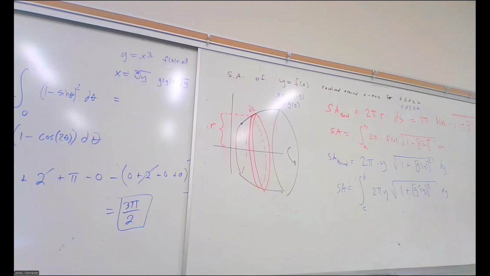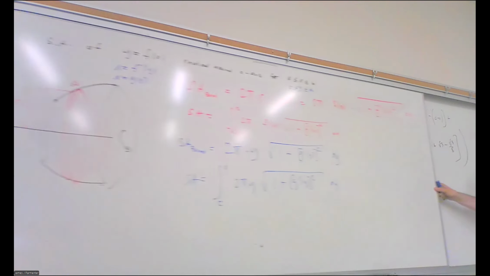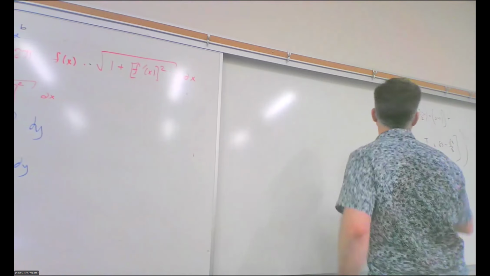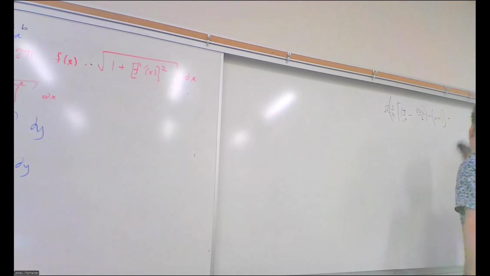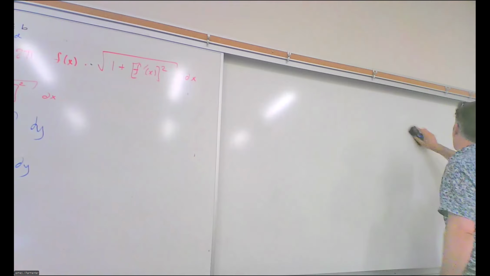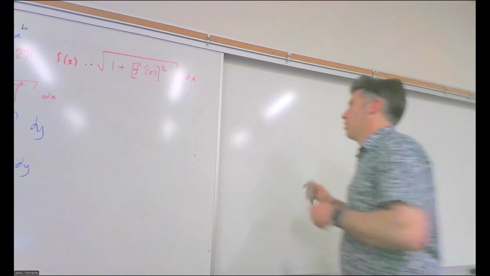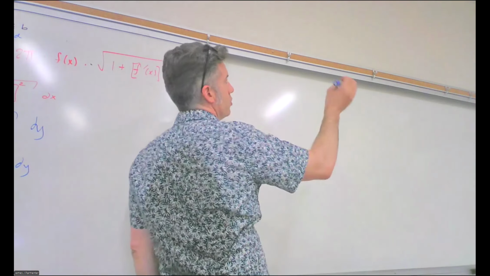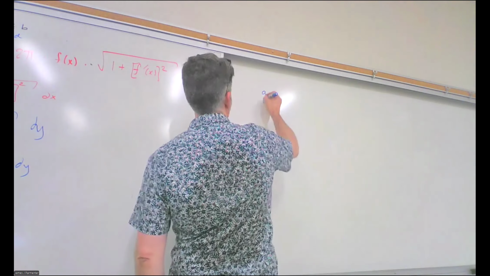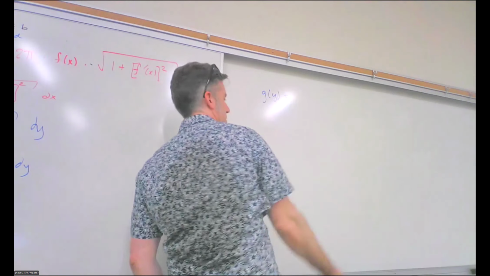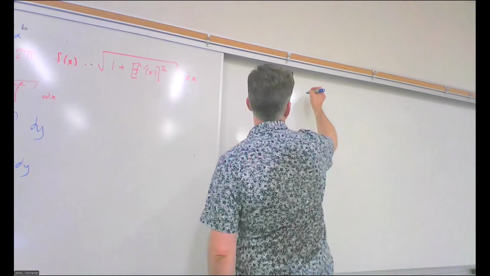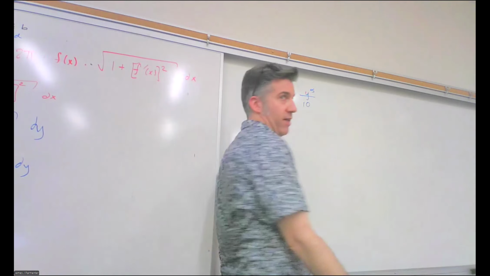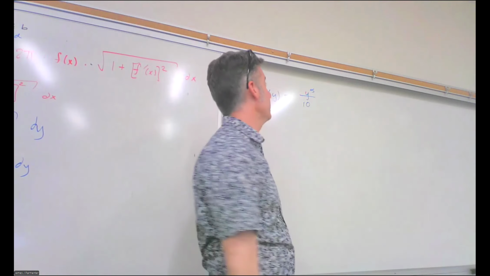Okay, so let's do an actual example. Let's say that our function, sure, let's do y. Let's say that g of y is equal to y to the 5th over 10. Sorry, I have to adjust it to make sure the numbers come out nicely.